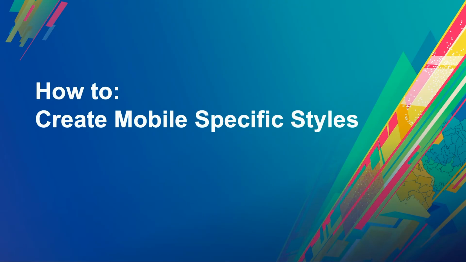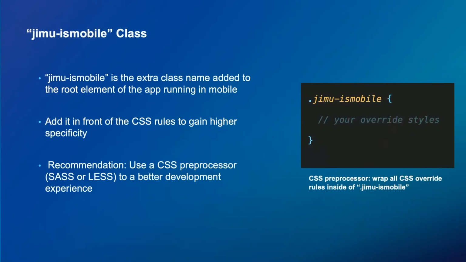Okay, so let's talk about how to create mobile-specific styles, which basically means the CSS part. In this part, all we are really going to do is utilize the gmu-is-mobile class name in writing our CSS styles for mobile.